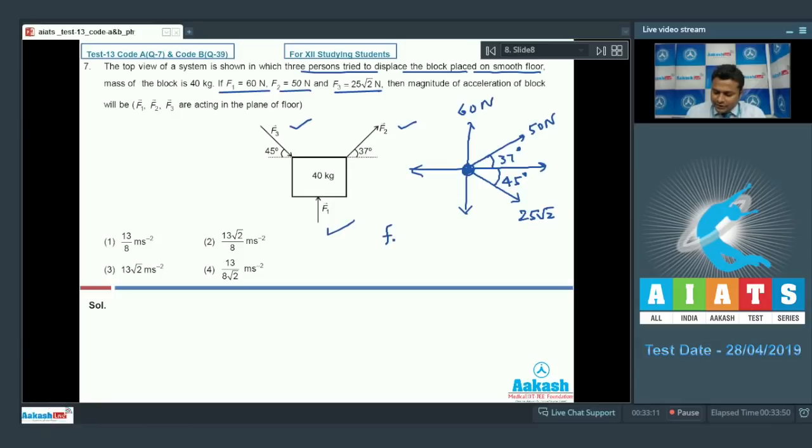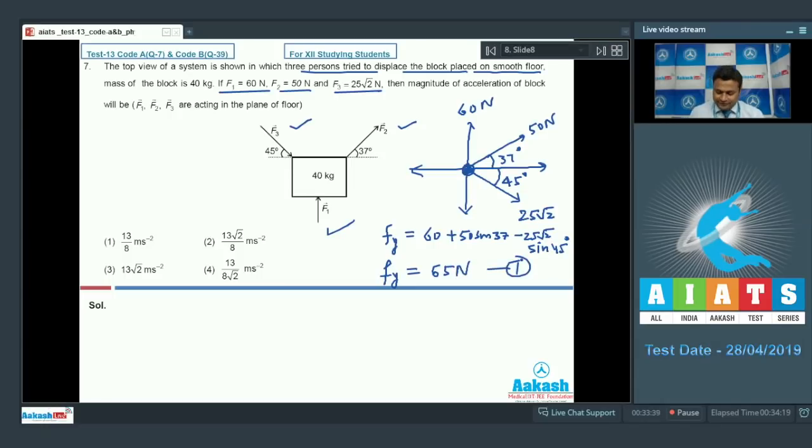Total y component of forces Fy can be given as 60 plus 50 sin 37 minus 25 root 2 sin 45. Solving gets you the total value of Fy as 65 Newton. Equation number 1.